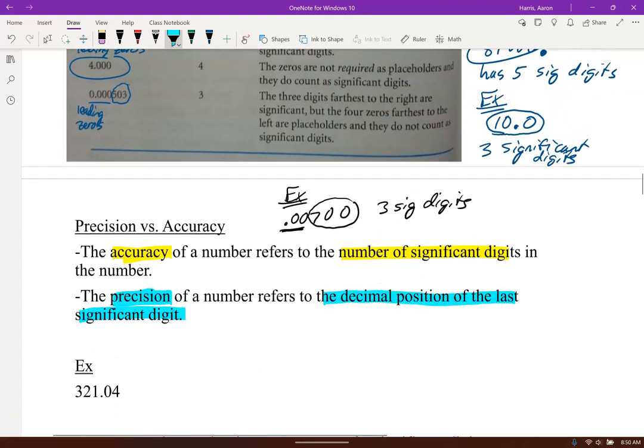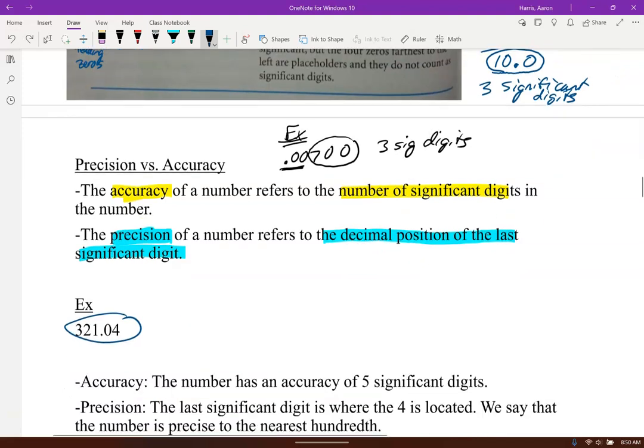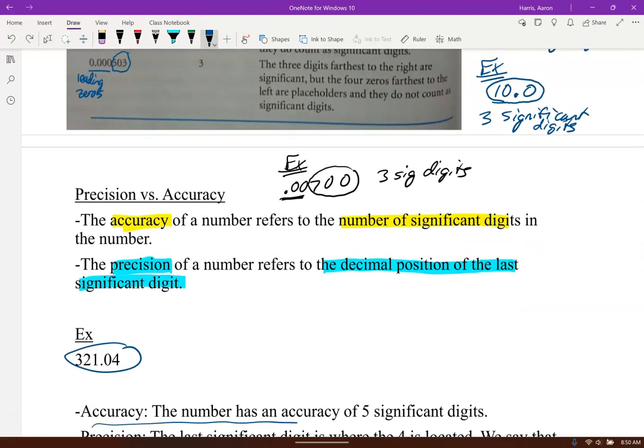Oh, whoops, I showed the answers on that. But I say, well, first of all, how many significant digits does 321.04 have? And I say there are 5 significant digits. So the accuracy, the number has an accuracy of 5 significant digits.